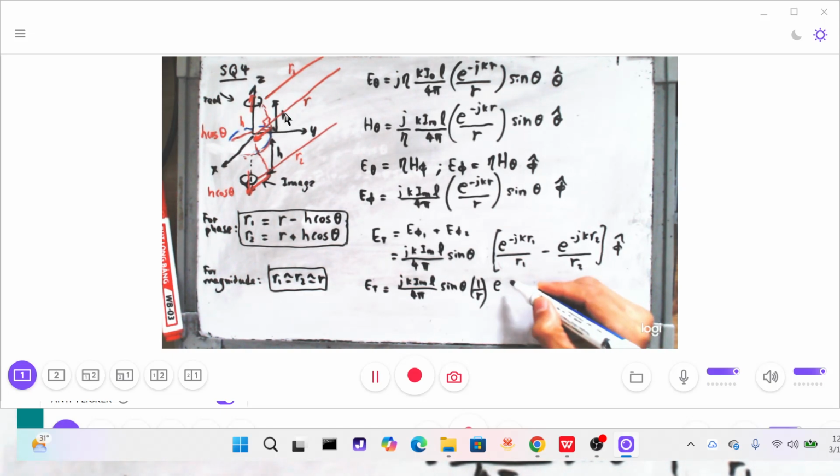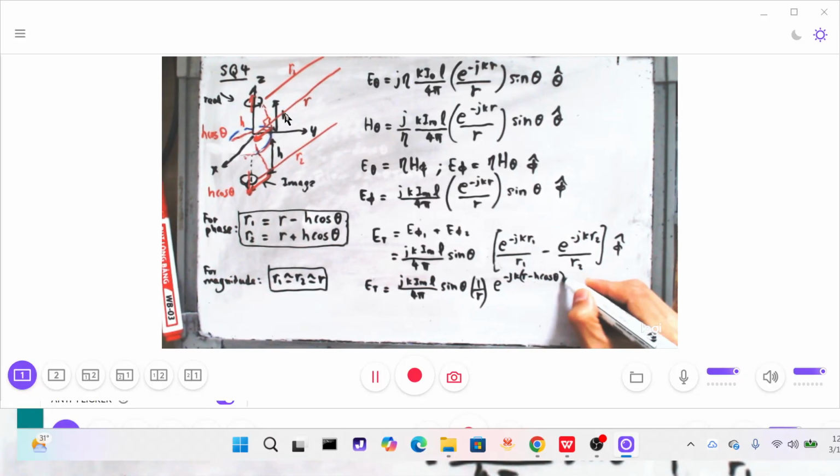So e to the minus jkR1 according to here is minus h cosine theta. And then minus e to the minus jkR plus h cosine theta. So it's very cloudy.